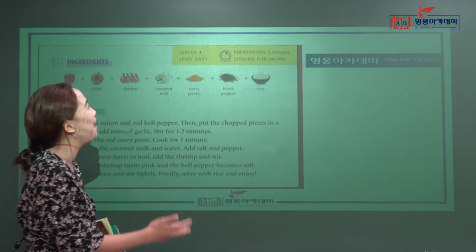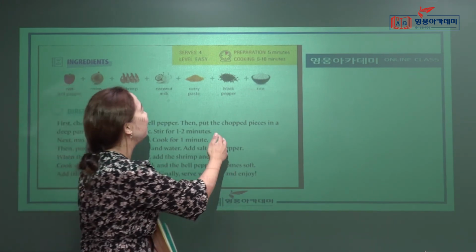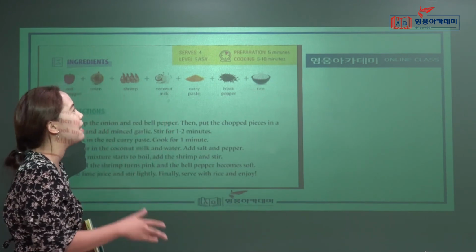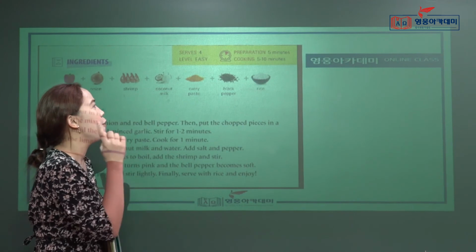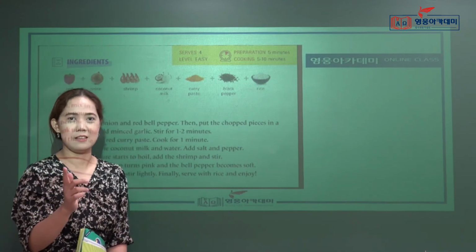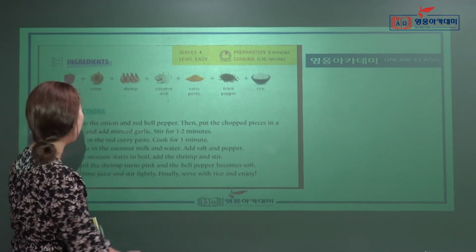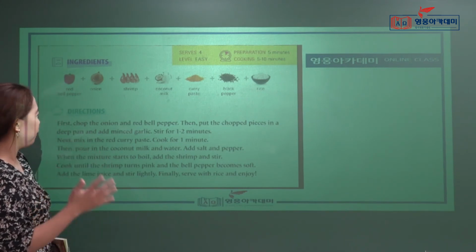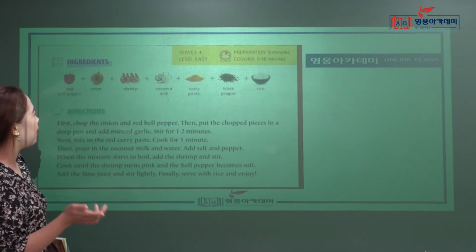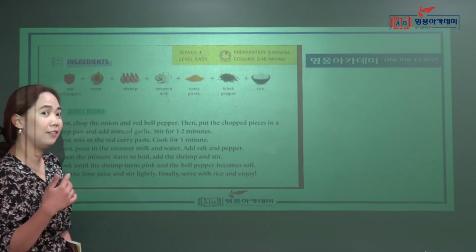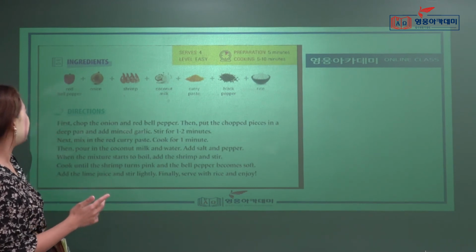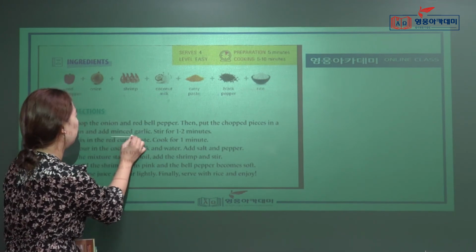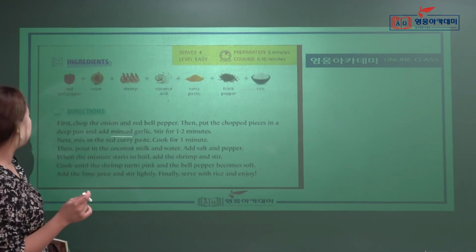Okay, anyway, and then what is the preparation? Look here guys, only 5 minutes. The preparation time is only 5 minutes, and the cooking time is only 5 to 10 minutes. It sounds pretty easy. All right, now let's read the directions together. Number 1, first, chop the onion and red bell pepper. Then, put the chopped pieces in a deep pan and add minced garlic. Stir for 1 to 2 minutes.